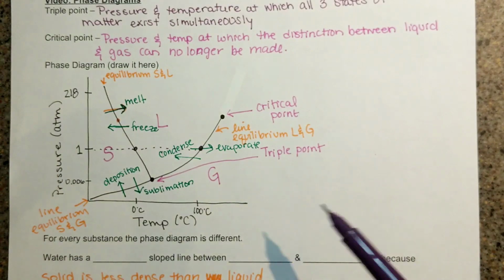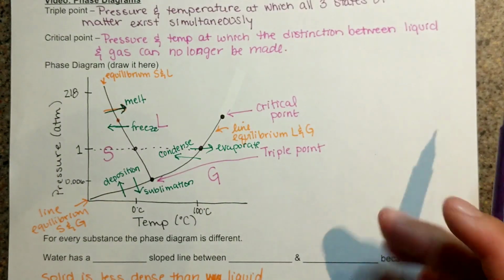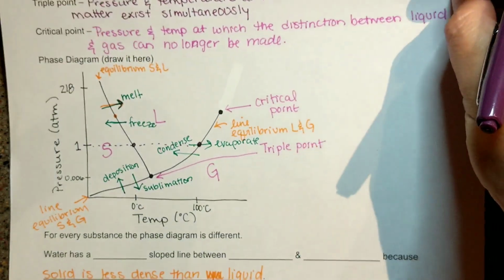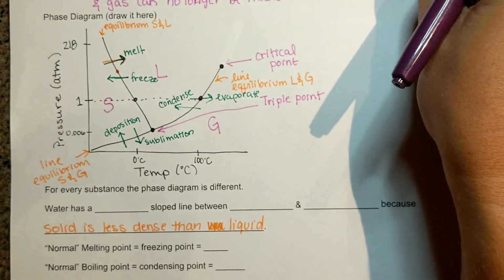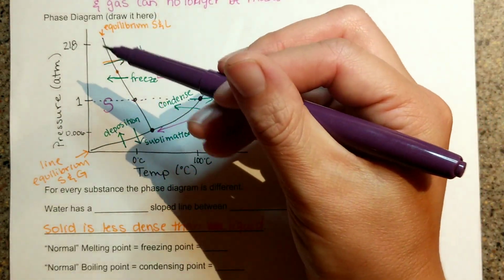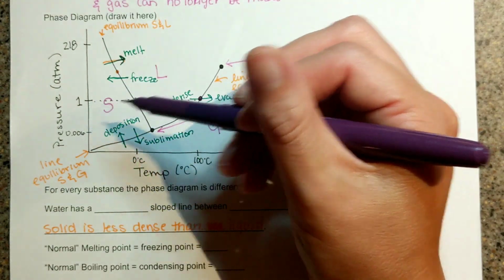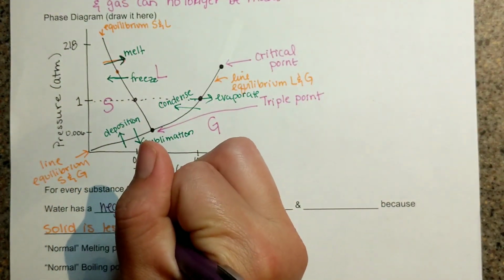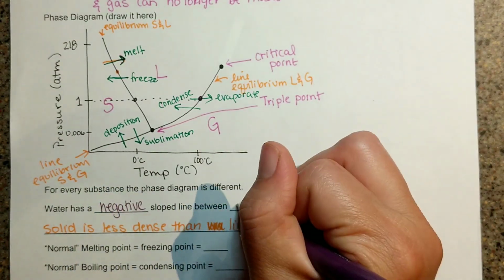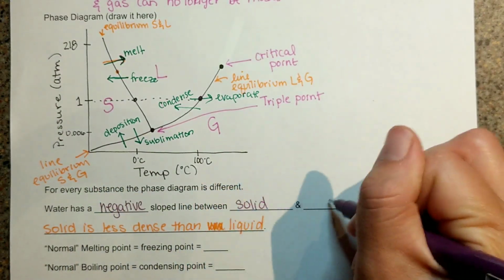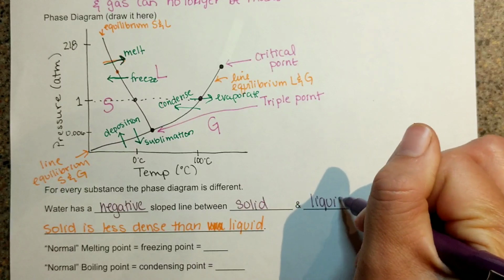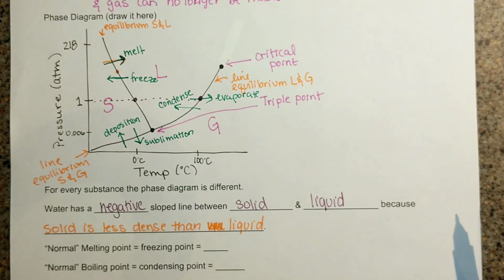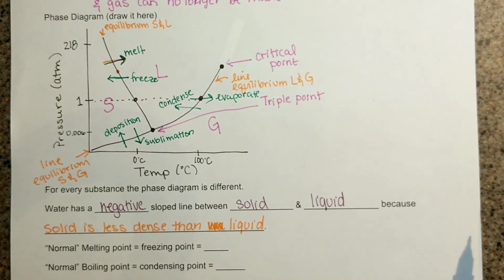For every substance, the phase diagram is different. This phase diagram just so happens to be of water, and I know that it's water because of this negatively sloping line between my solid and my liquid. The reason that this line has a negative slope is because solid ice is less dense than liquid water.